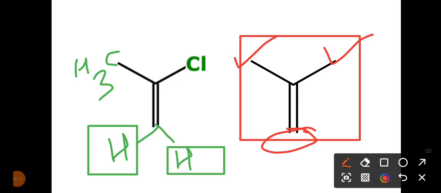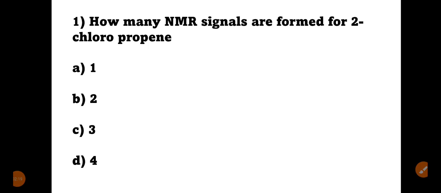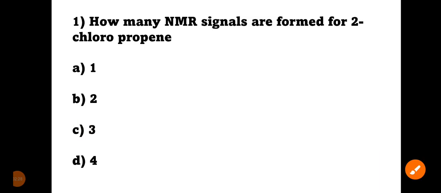So this is the effect of electronegativity, so please don't get confused. How many signals are in 2-chloropropene? Our answer is 3. I hope this is clear to you guys.